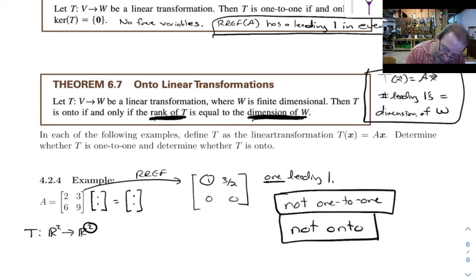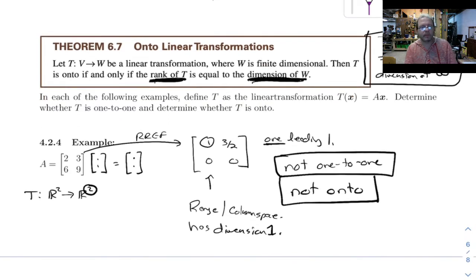Now the reason is, if you look at this thing and think about what it does, there's only one leading one here, so that means that the range, also the column space, same thing, has dimension 1. So what does that mean?